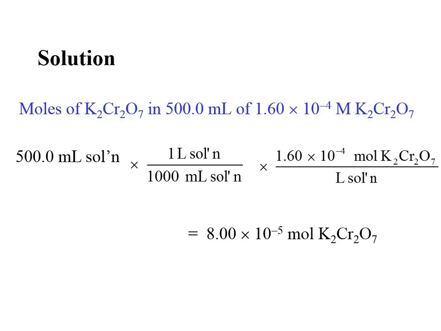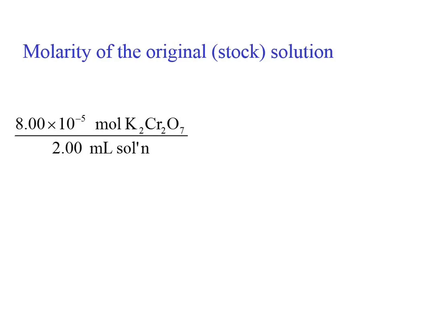And then the last step is to take those moles and divide it by the transfer aliquot. So 8.00 times 10 to the minus fifth moles of K2Cr2O7 divided by 2.00 milliliters of solution. That would be stock solution now. So molarity, of course, is moles per liter, not moles per milliliter.